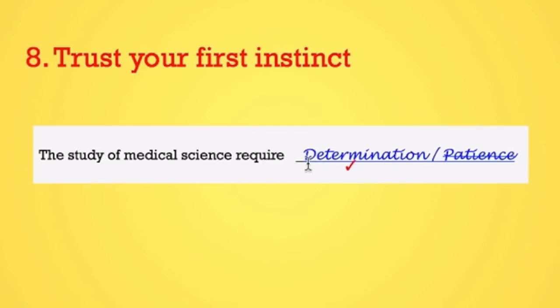So that's the first thing you thought of, determination, but then you thought about it a little longer and then thought, oh wait, they did talk about patience too. Maybe it's patience? In such cases, the best way to go is trusting the first answer that comes to your mind. Most of the time, that's the right answer.